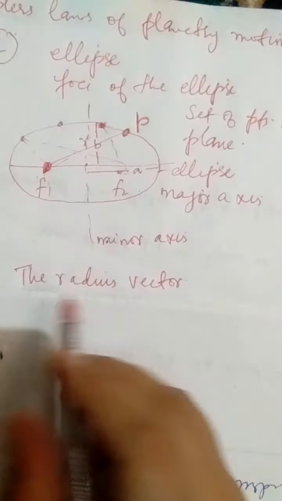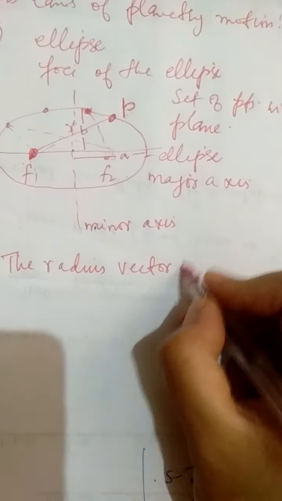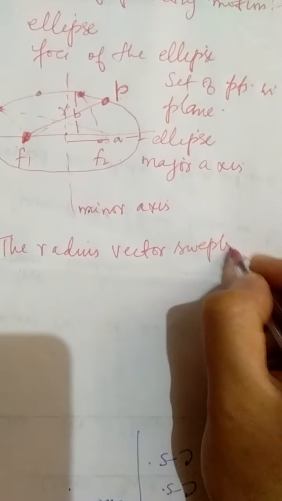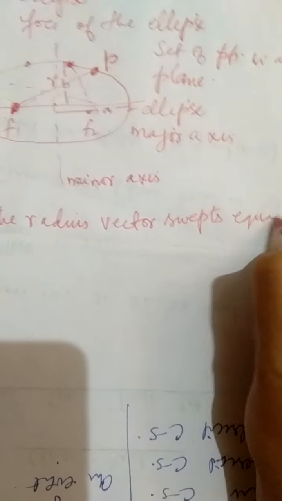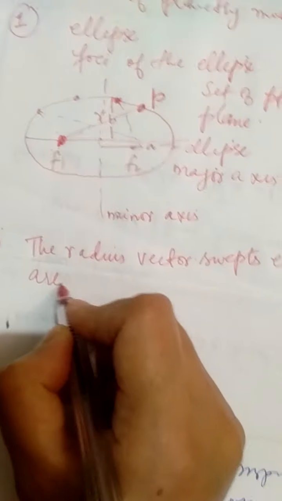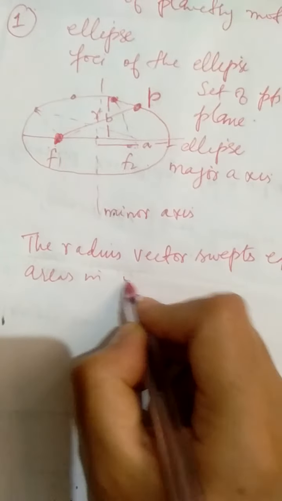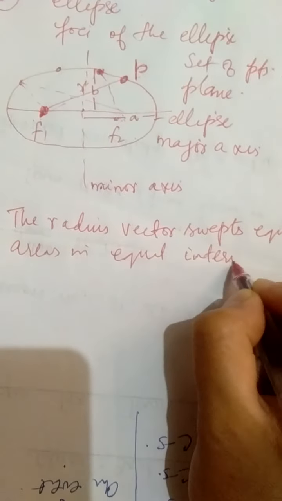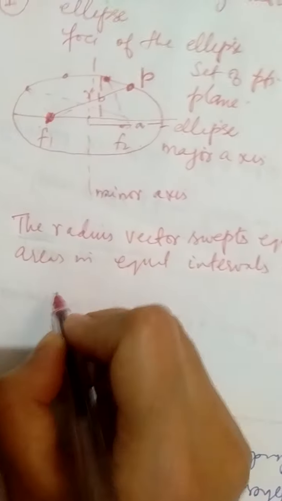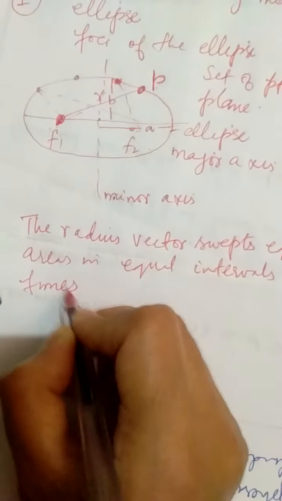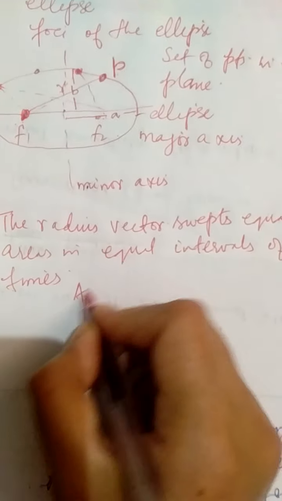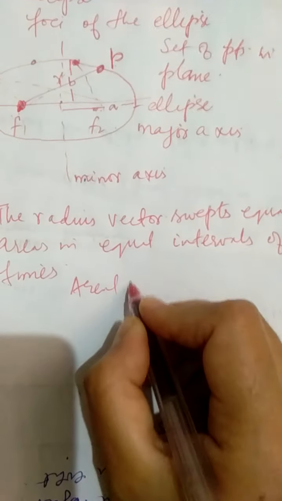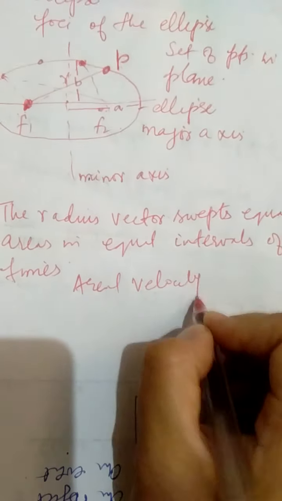So the second law states that the radius vector sweeps equal areas in equal intervals of time. In an alternative way, we can say that areal velocity is constant.